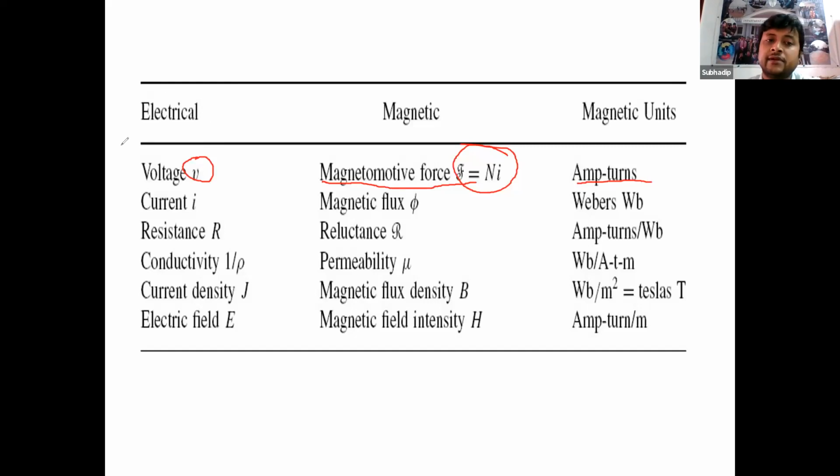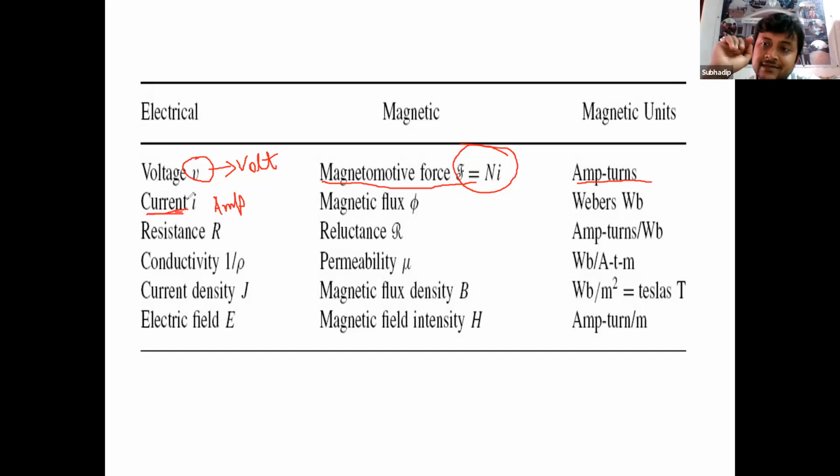Now in the electrical circuit, the current is I, and the unit is ampere, while for voltage it is volt. Current is the quantity which passes through the conductor.